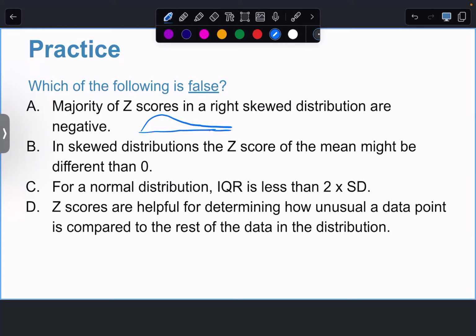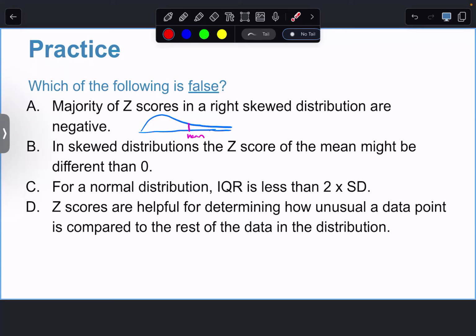The mean is always pulled in the direction of the tail, right? So here, the mean is being pulled in the direction of the tail. But these guys are all below the mean then, and that's the majority of the curve, right? And so these would be negative z-scores, and these guys would be positive z-scores.